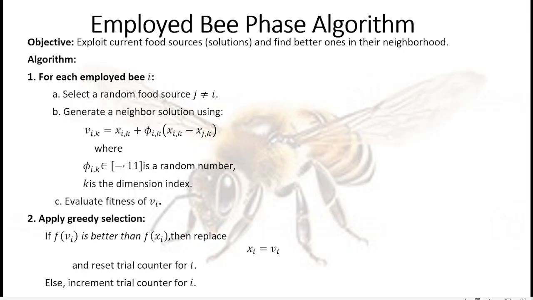So the third step is to generate a neighbor solution, that is vi. The new candidate solution is given by the equation vij equals xij plus phi_ij times (xij minus xkj), where vij is the jth component of the new solution for food source i, xij is the jth component of the current solution assigned to bee i, xkj is the jth component of another randomly chosen solution, that is bee k, and phi_ij is a random number uniformly distributed in the range -1 to 1.